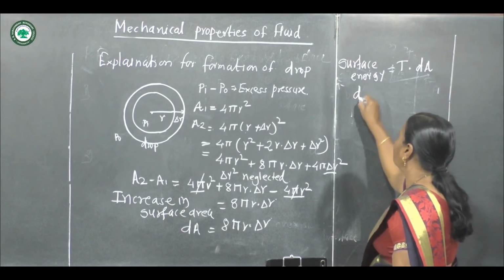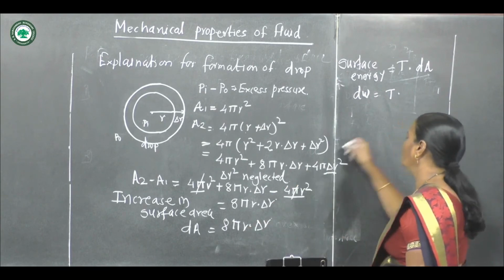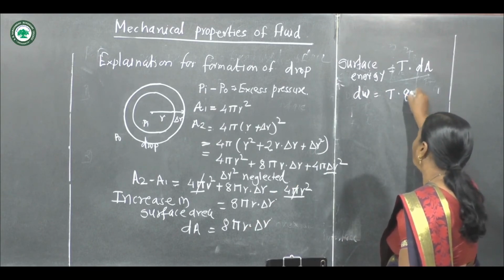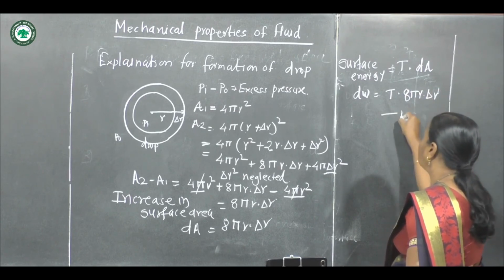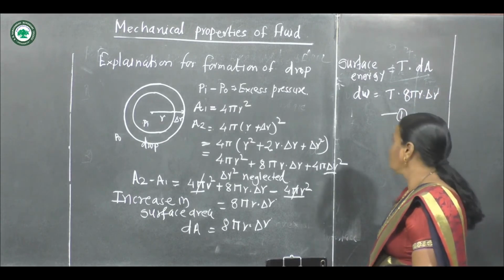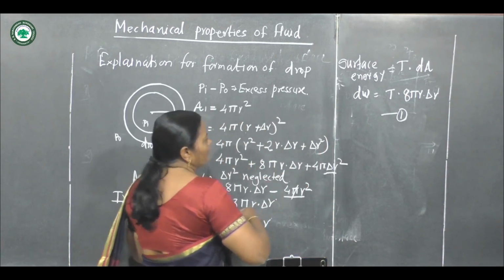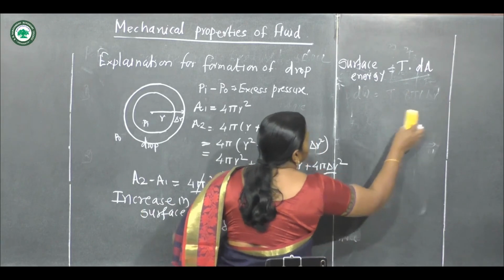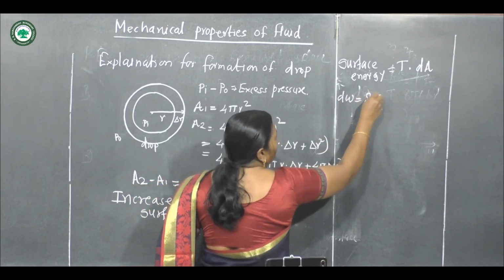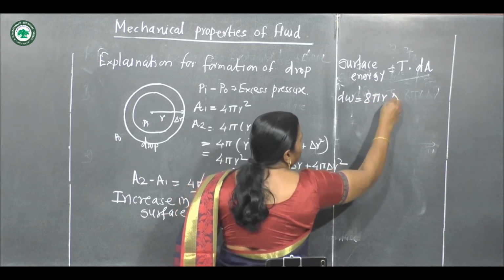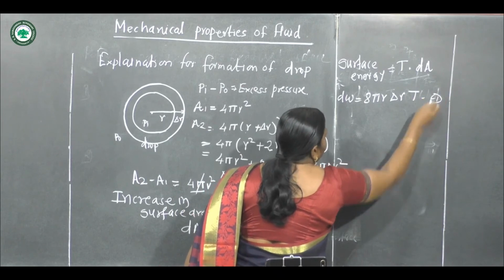Surface energy dW is equal to T into, substituting this value, 8 pi r delta r. So dW is equal to 8 pi r delta r into T, equation number 1.